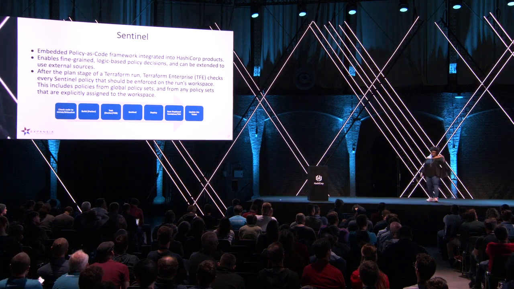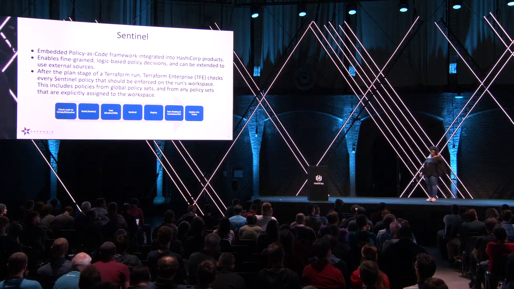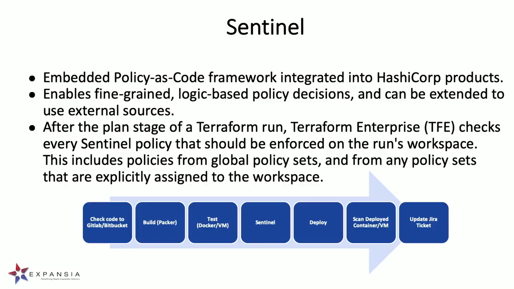So as we talked about earlier, we heard about Sentinel. So how does that apply in our world? And when I say our world, policy as code is very huge, and also something that is ongoing every day. So as you see at the bottom, and I talked about this, checking your code in, building it out, whether it's a Docker container or a VM, and then using Sentinel to say, hey, I can deploy to the staging environment.